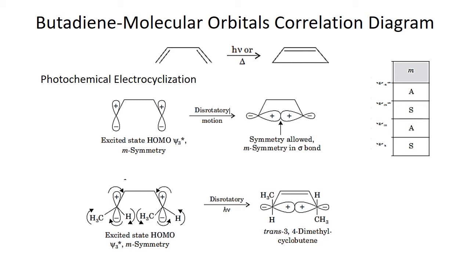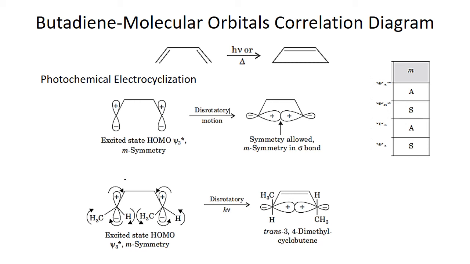So what we foresee for this reaction is that photochemical disrotatory motion is allowed, but conrotatory motion is not allowed. But we have also seen that thermal electrocyclization is allowed through conrotatory motion, but not through disrotatory motion.